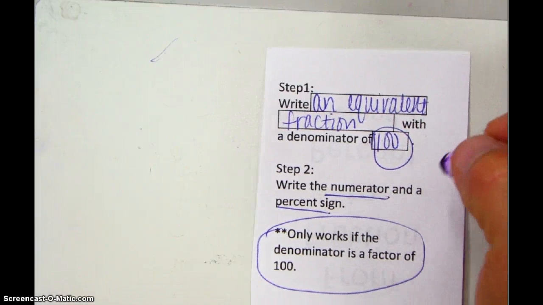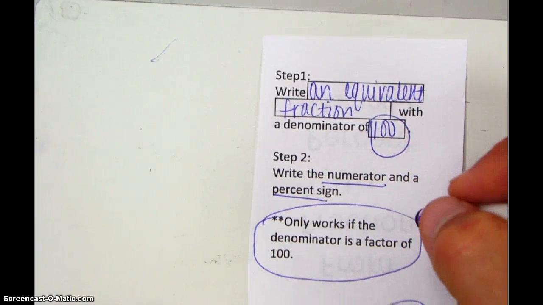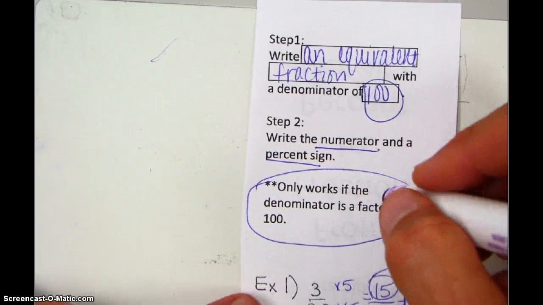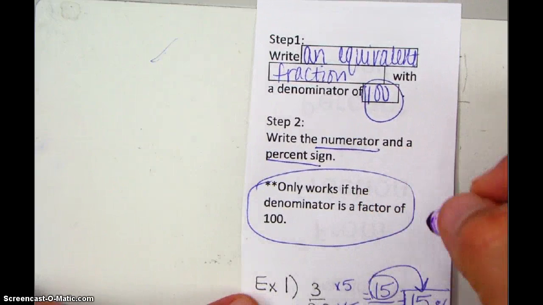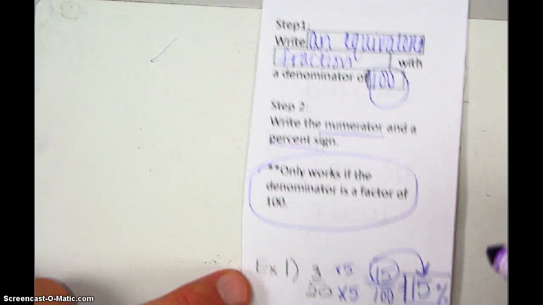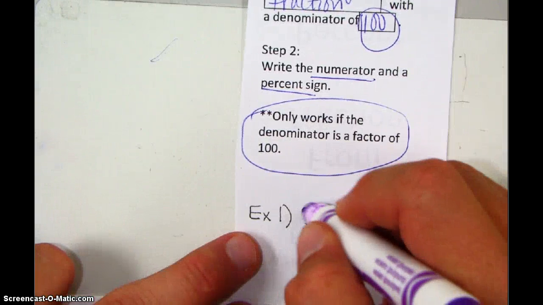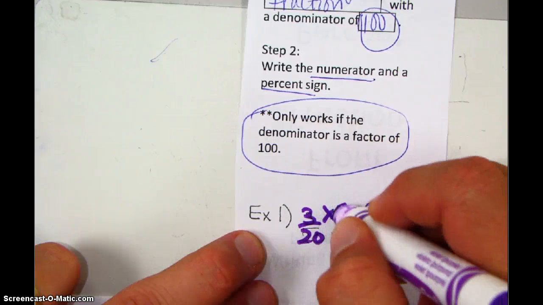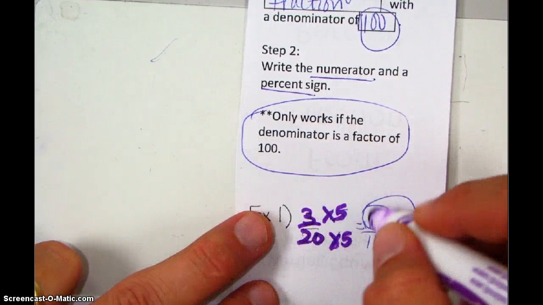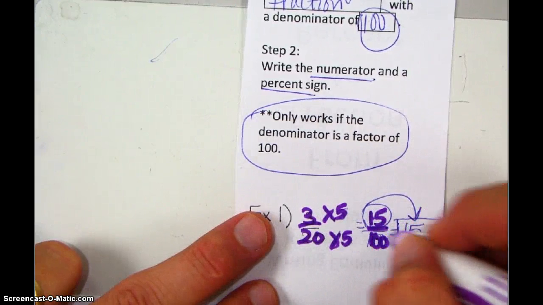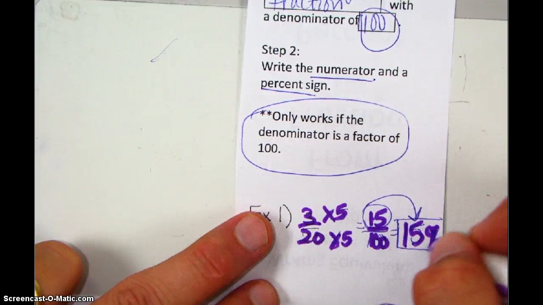And if it works over 100, it's basically just a matter of dropping the denominator, keeping the numerator, and adding a percent sign. So let's look at the first example. 3 over 20 times 5. Scale factor of 5 makes it 15 over 100, and that's simply 15%.